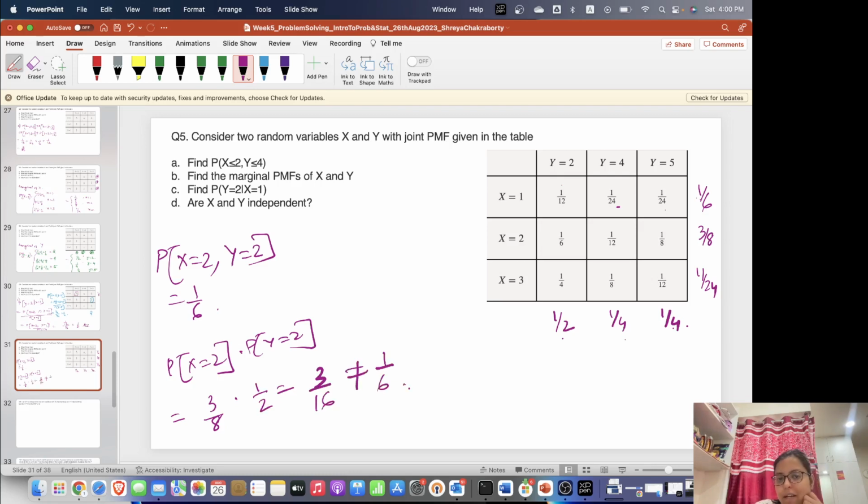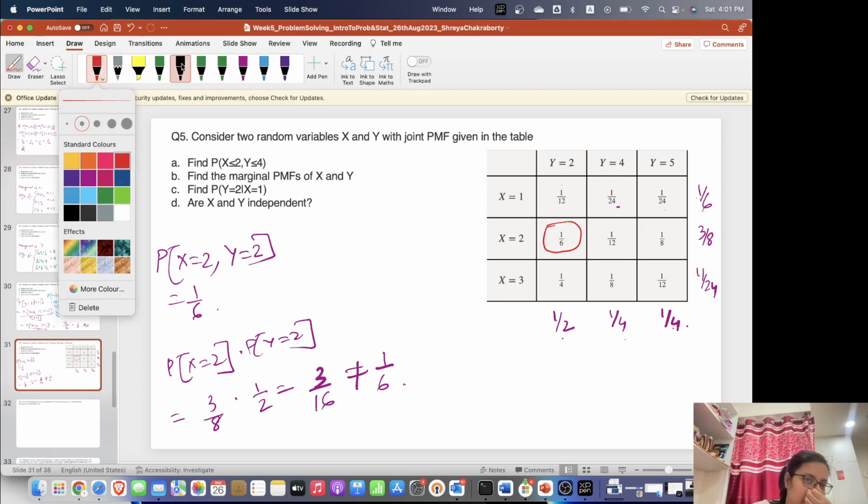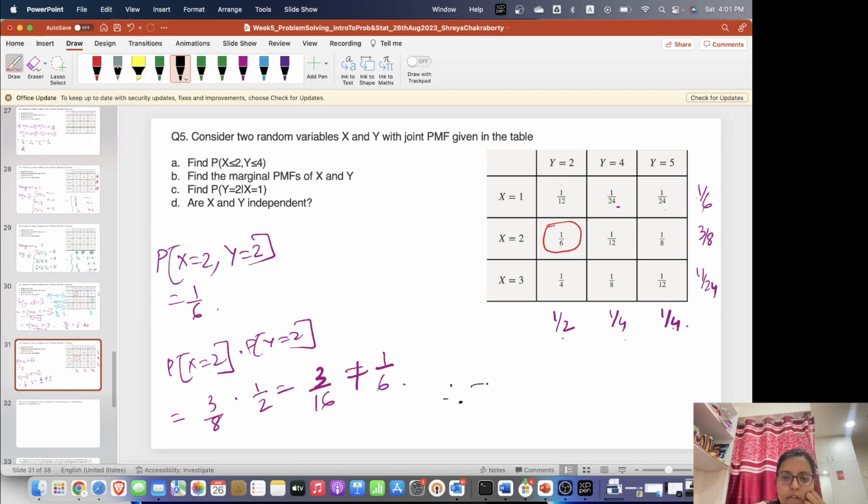Not equal to 1 by 6. So they are dependent, they are not independent.